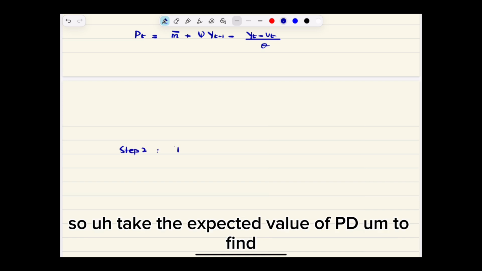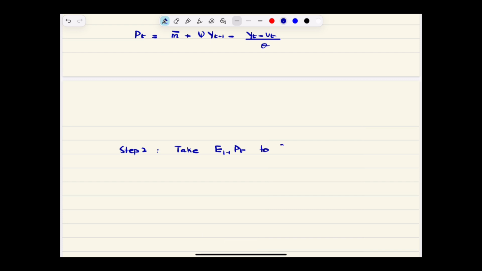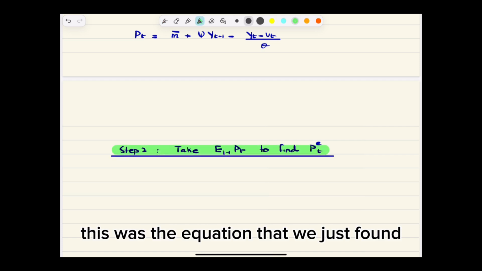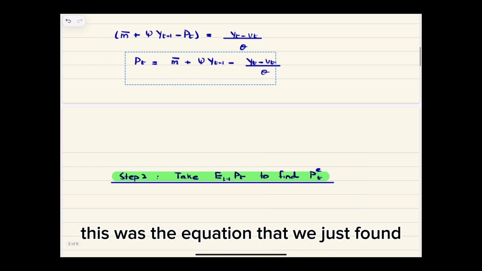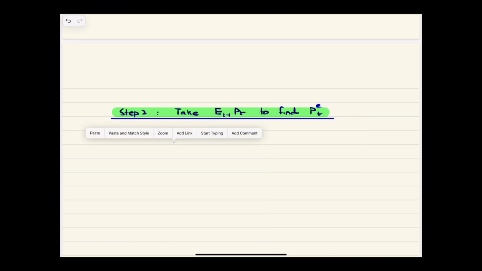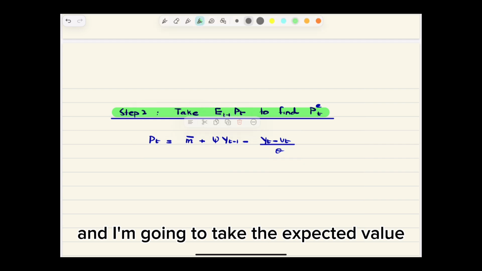Okay, so take the expected value of pt to find this. Okay, let's start. This was the equation that we just found. So I'm just going to copy it down over here. And I'm going to take the expected value.